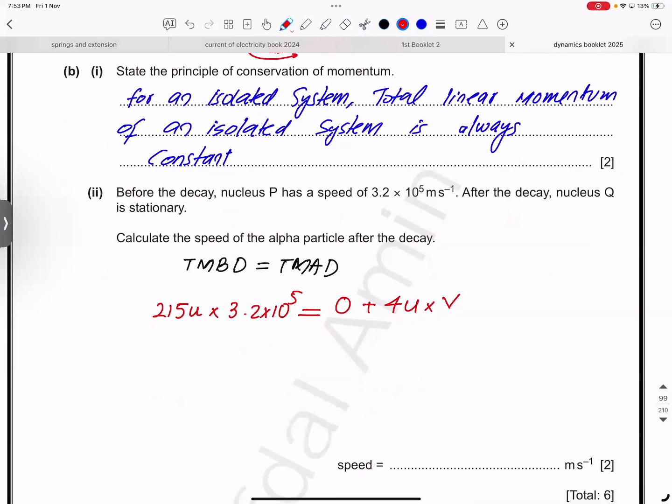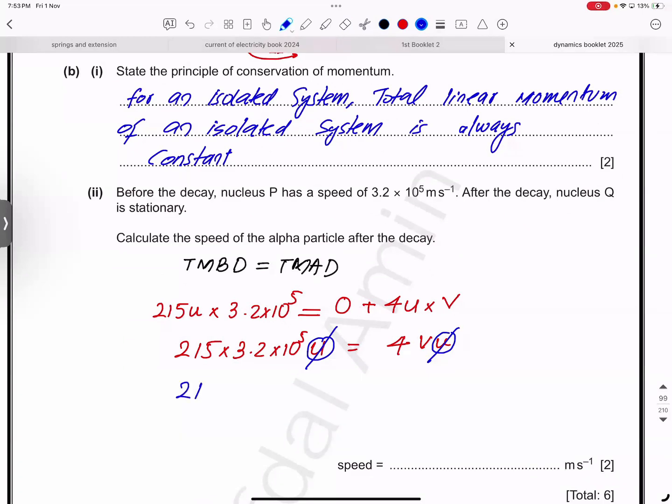So 215 multiplied by 3.2 times 10 to the power 5 U equals 4 vU. Now U on both sides can be simplified, so we don't have to substitute the value of U. Its value is given in the sheet, 1.66 times 10 to the power negative 27 kilograms.